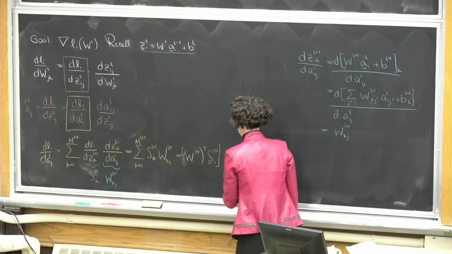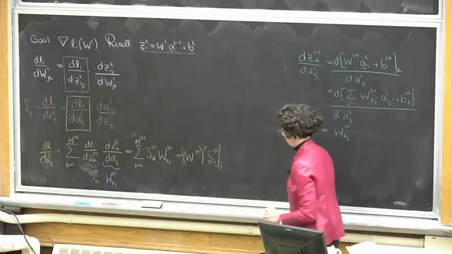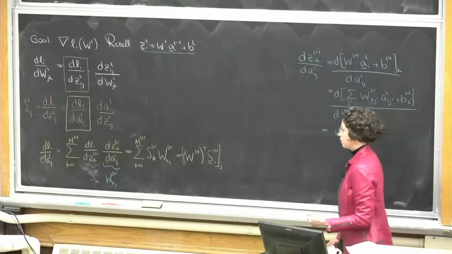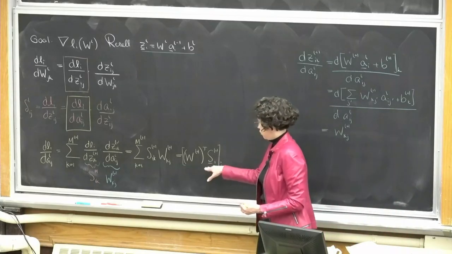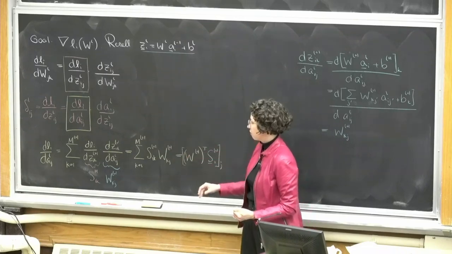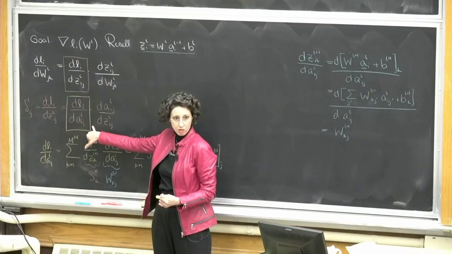So I take that matrix vector product and I simply keep the jth element of it. So I've got this very simple expression in terms of my weight matrix and in terms of this delta vector for my derivative here that's going to feed into this part of my chain rule.